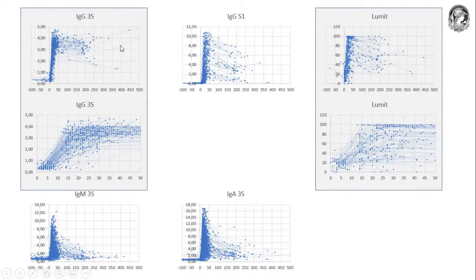Every line represents an individual, and the dots are the times when the samples were collected. Here is the time from the infection or since the symptom onset to sample collection.